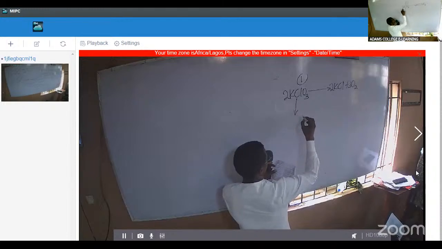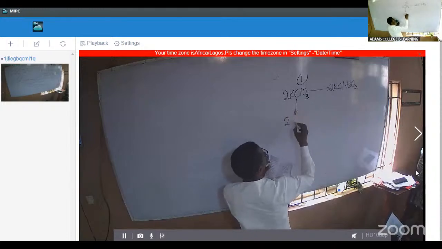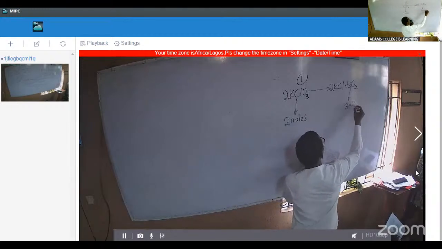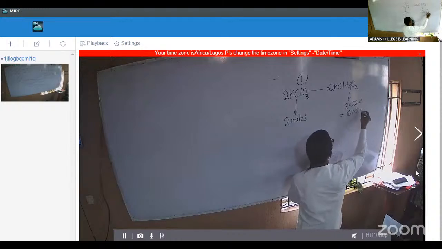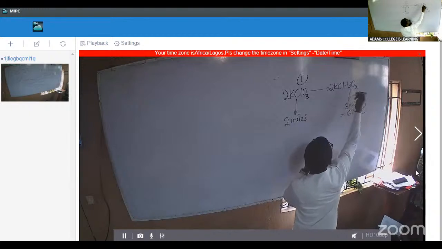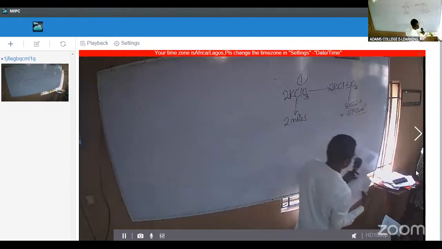Two moles is already here, so 2 moles will give 3 times 22.4, which is 67.2. So 1 mole of that is 22.4. I don't waste time.